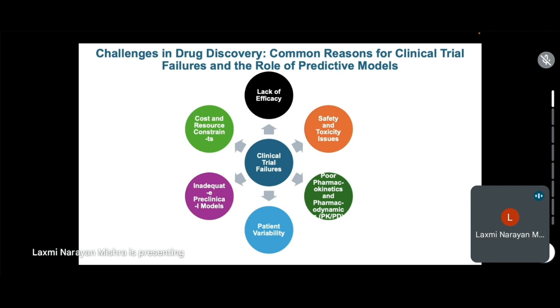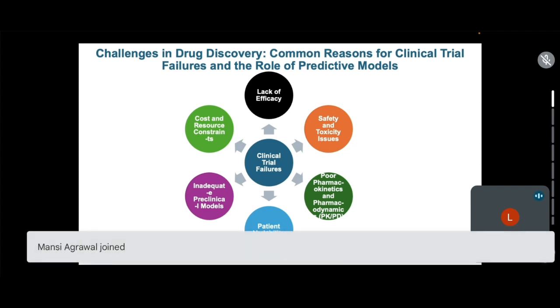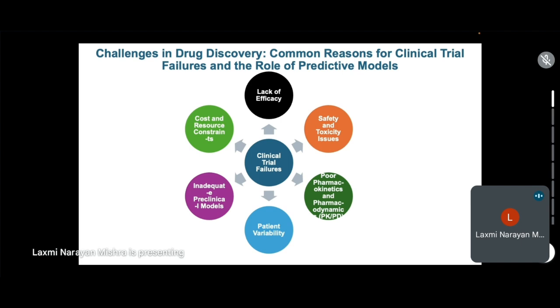We also see one reason for failure is inadequate preclinical models. For example, most of the drugs that were tested used 2D cell culture systems and animal models that often fail to mimic human physiology accurately, and they lead to poor translation of results.